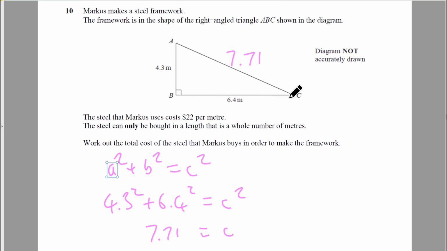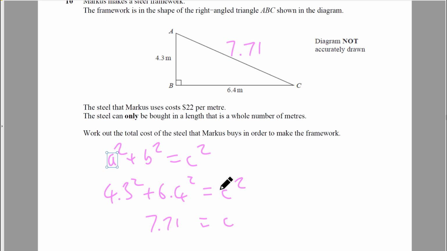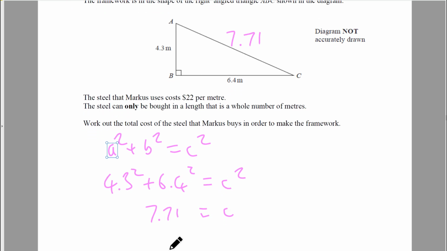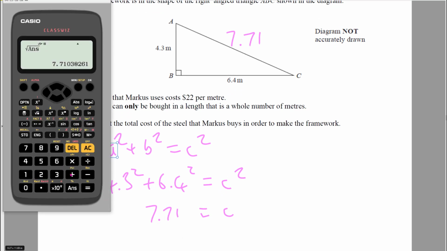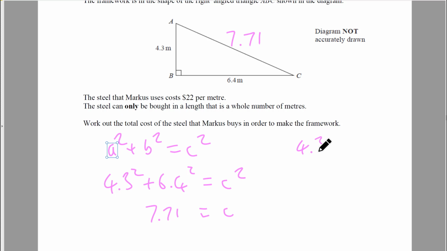Right, so we just have to add up. This is the framework, so we add up all those numbers, which is the perimeter of the shape. So let's just write 4.3 add 6.4 add 7.71, that equals 18.41.